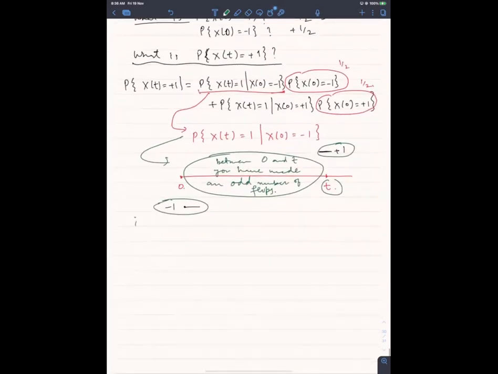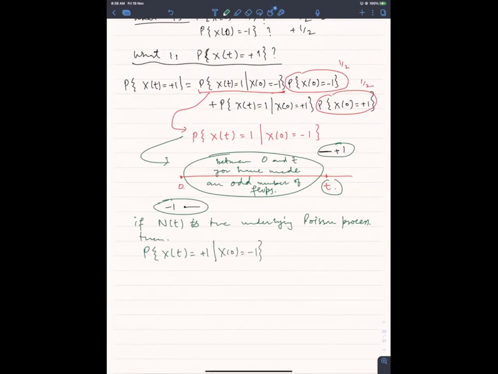So if N(t) is the underlying Poisson process, then probability X of t is equal to +1 given X of 0 is -1 is the same as saying that probability that N of t is an odd number.